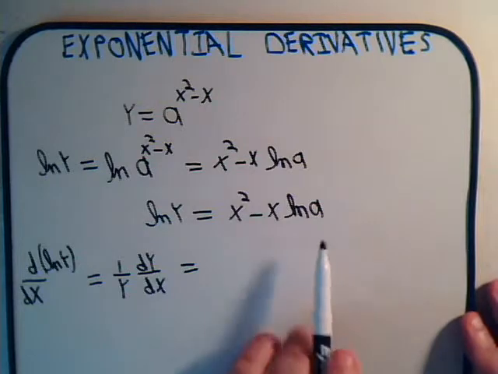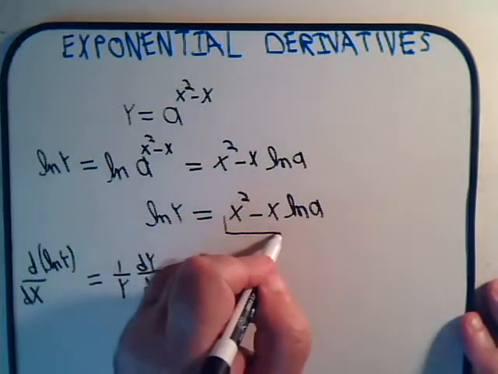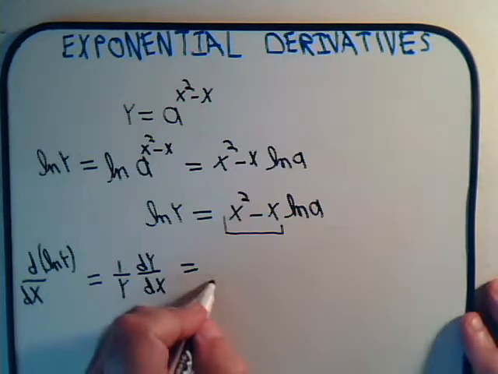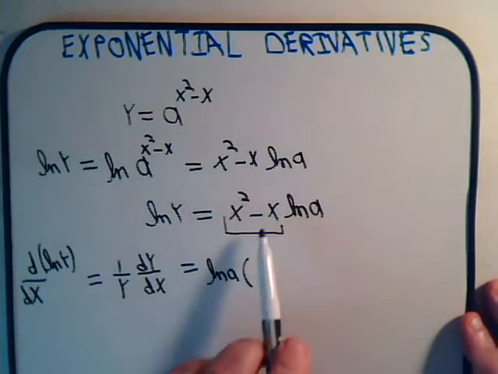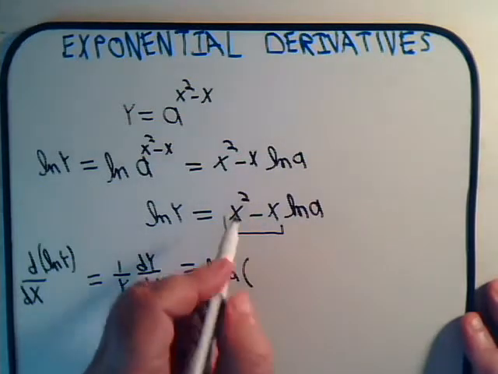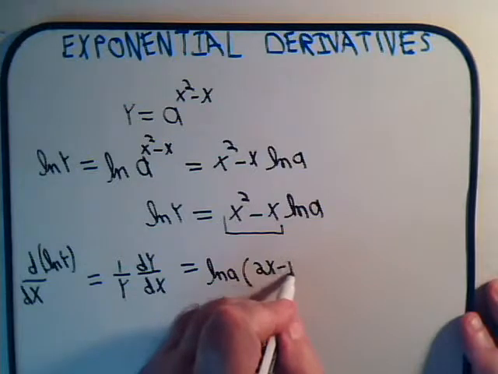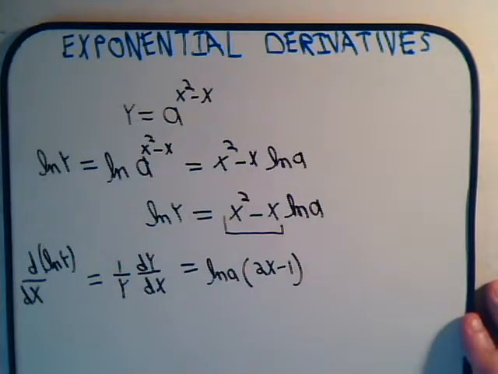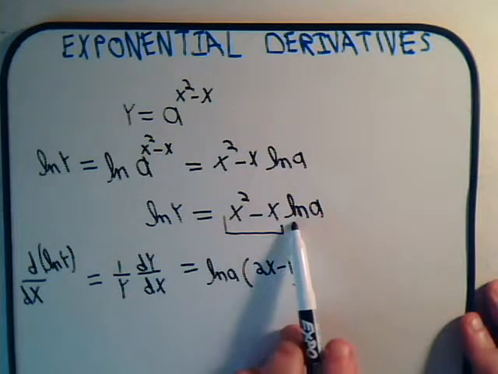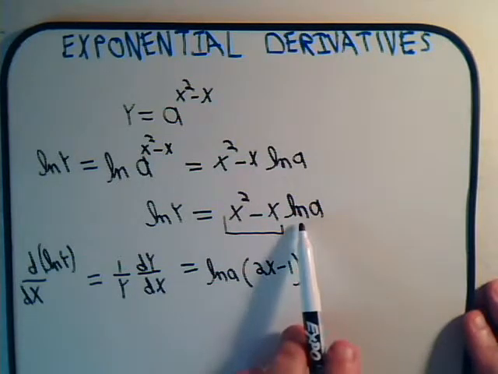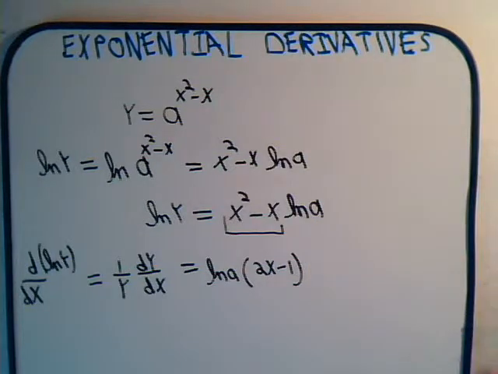So we can have the natural log of a times the derivative of this quantity right here, which is 2x minus 1, and then we would have plus this quantity times the derivative of this, but this is just the log of a constant, which of course is a constant, so that's 0.